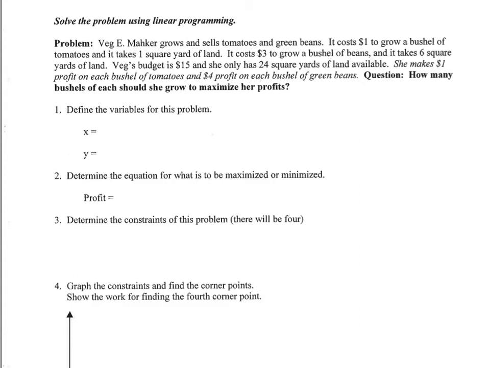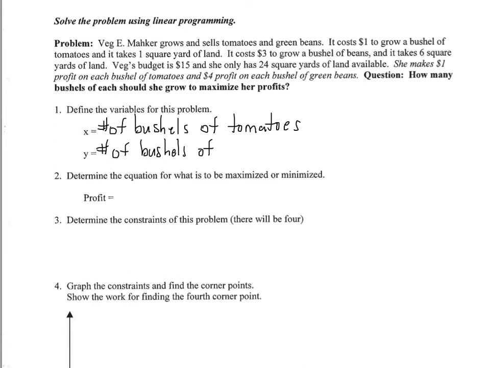Now, x is not the number of tomatoes and y is not the number of green beans. X is going to be the number of bushels of tomatoes and y is going to be the number of bushels of green beans.